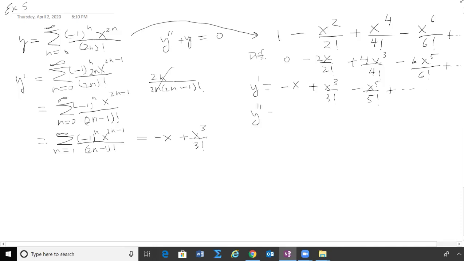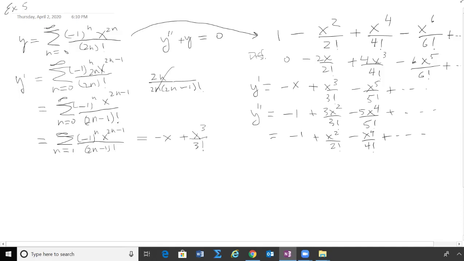Now let's take a second derivative. We have a negative 1. We would have a plus 3x squared over 3 factorial minus 5x to the 4th over 5 factorial plus etc. And that can be reduced to this. Minus x to the 4th over 4 factorial, etc.